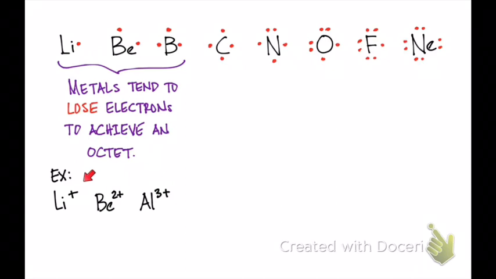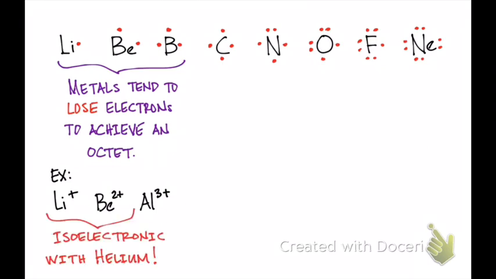So these 3 ions, lithium, beryllium, and aluminum, are isoelectronic with each other, meaning they all have only 2 electrons. Because they contain 2 electrons, they are isoelectronic with the noble gas helium, because helium is a noble gas with atomic number 2, so it's got 2 electrons.